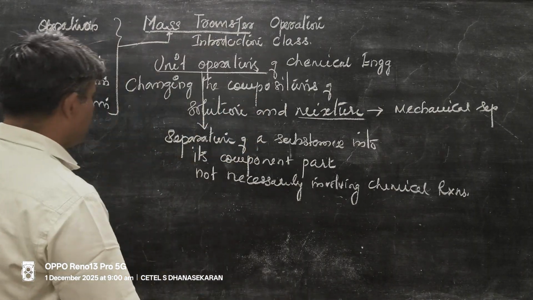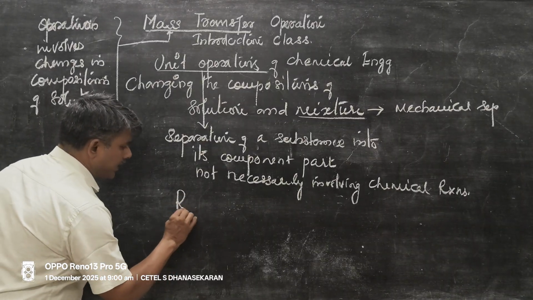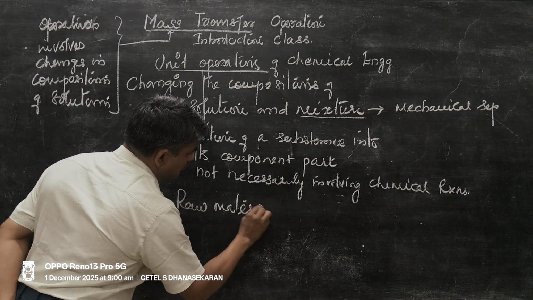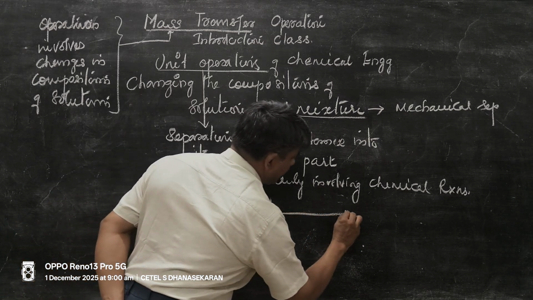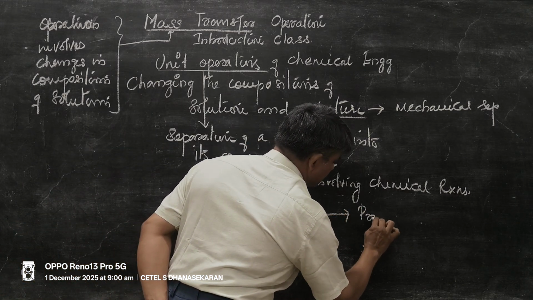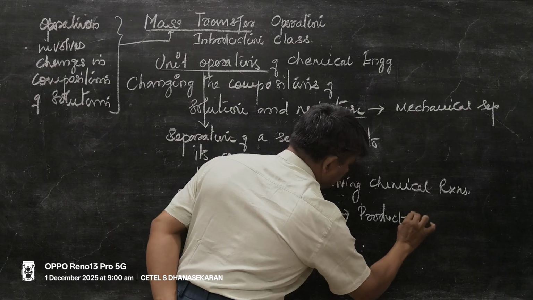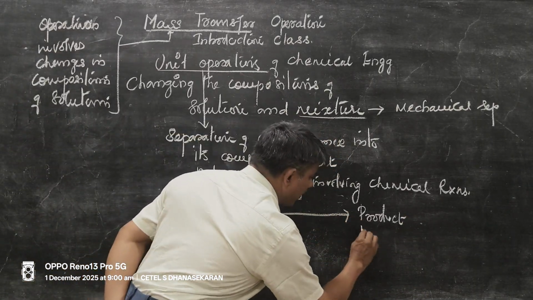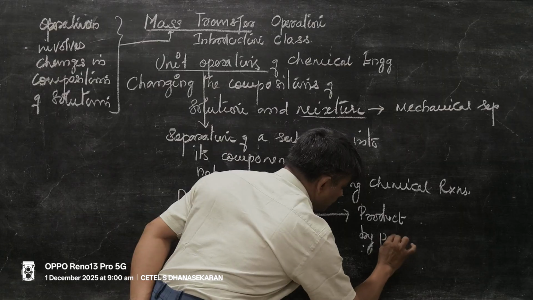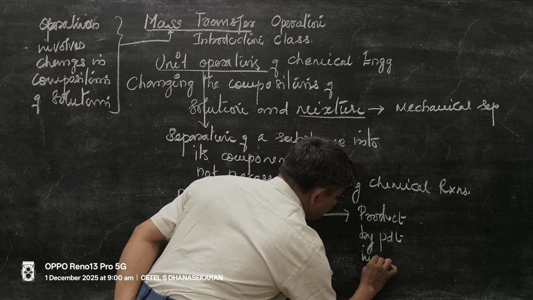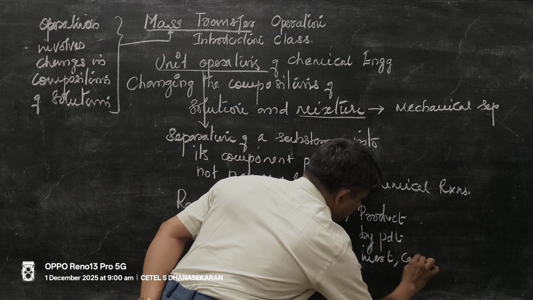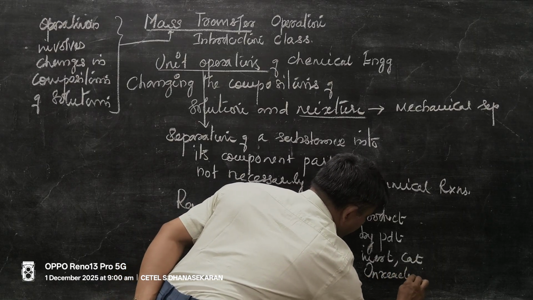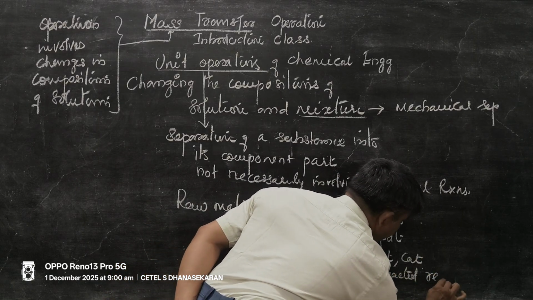Say for example, consider we have a raw material. This is converted into a useful product. At the same time, it forms byproduct, inert, catalyst and unreacted reactant.